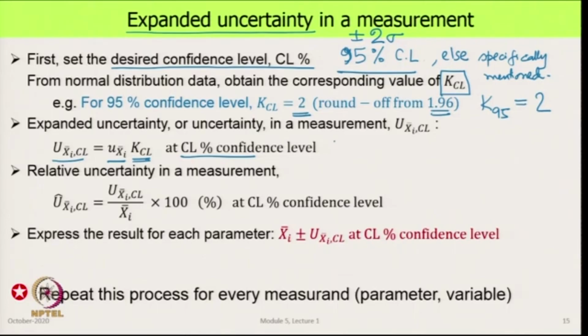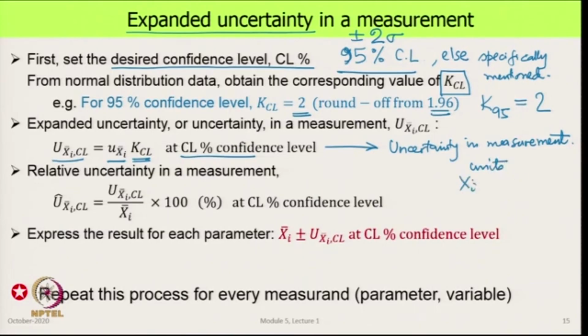So, this is what it is when we say what is uncertainty in a measurement. This has the same units as the measurand.